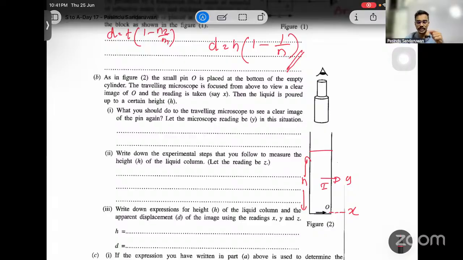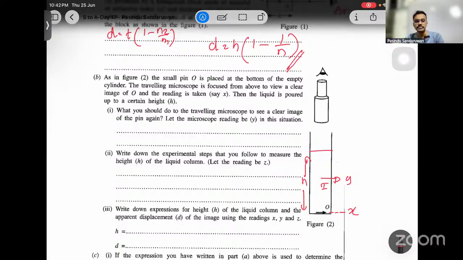Initially it was focused to point O. Now it should be focused to I. To focus to I, it should be taken upwards to adjust the gap.